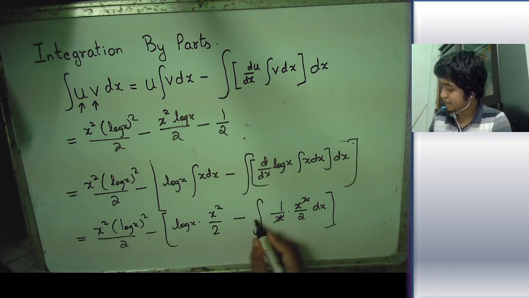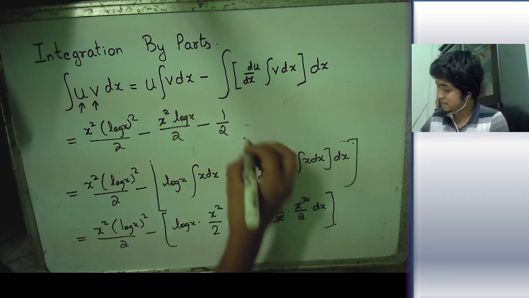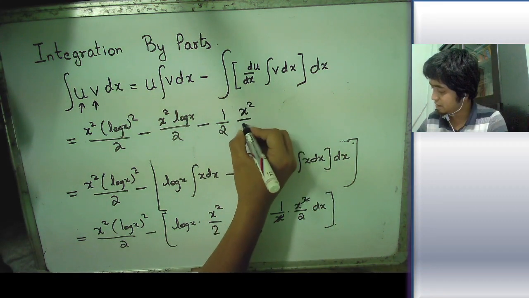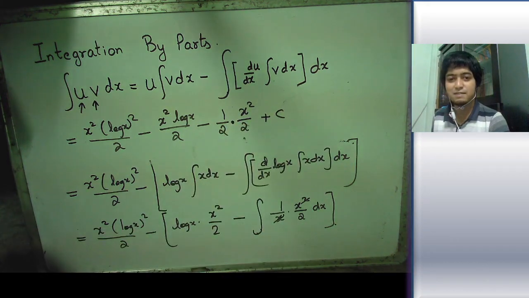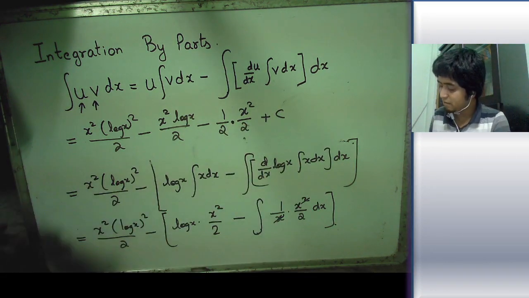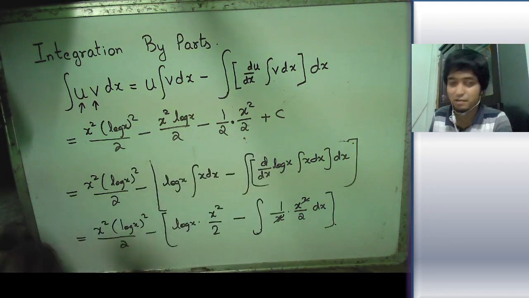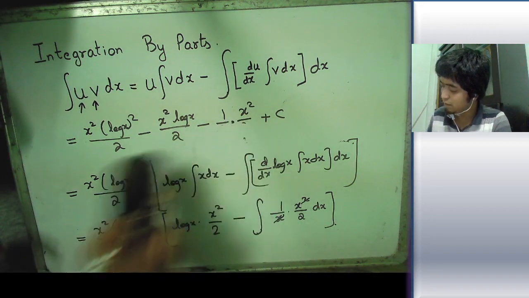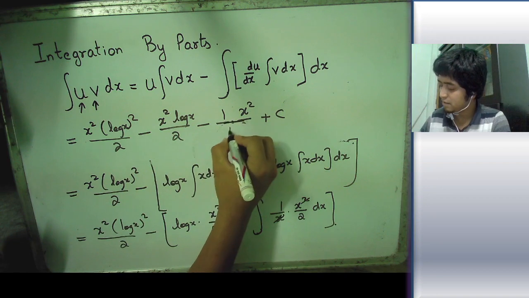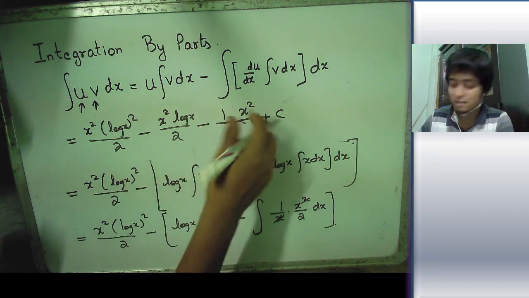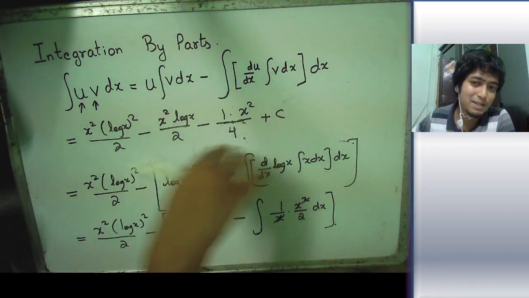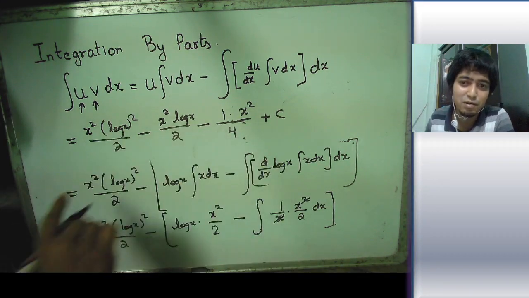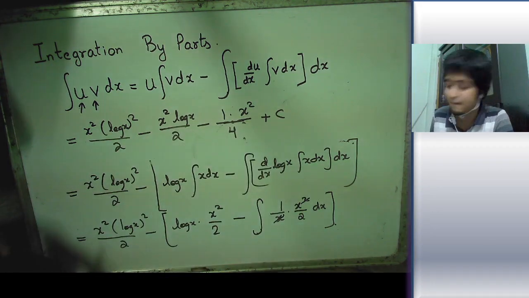So you will be having integration x, which is x squared by 2 plus c. And over here it is multiplication. So we can finally write down 1 by 2 times 1 by 2, which is 1 by 4. I'm skipping a few lines, and this one will be the final answer. Again, it is the final answer because there is no longer any integration sign.